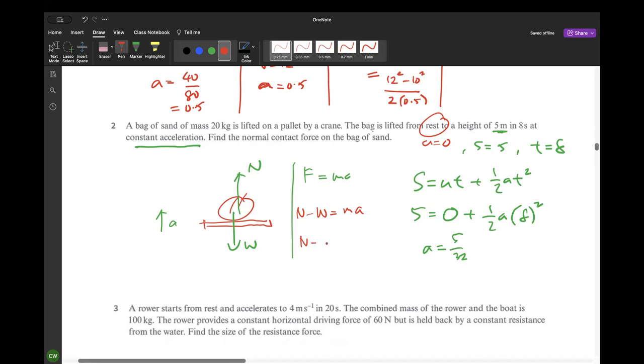W is mg, 20 times g. g is 10. m is 20. a is 5 over 32. What is N now? N is 20 times 5 over 32 plus 200. 203.